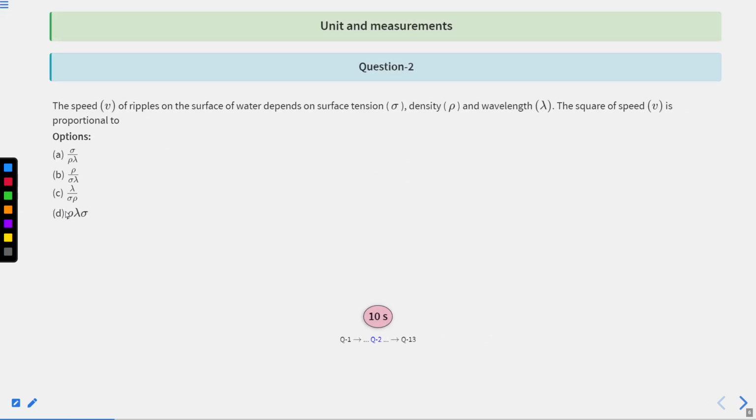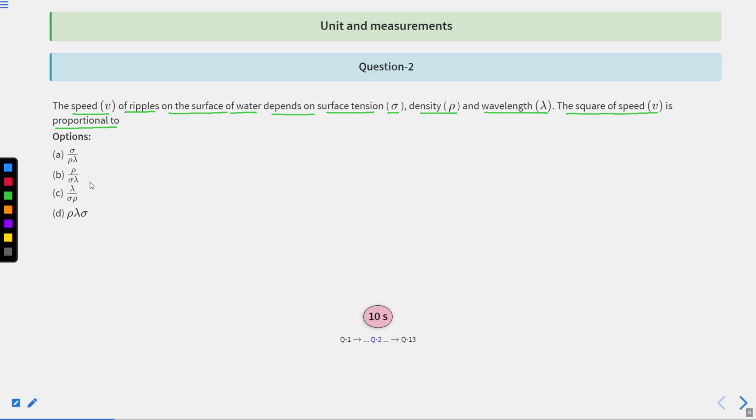The next question: the speed v of ripples on the surface of water depends on surface tension sigma, density rho and wavelength lambda. The square of this speed is proportional to what? Option A, B, C or D, which one is correct?